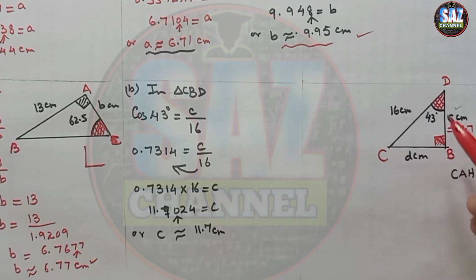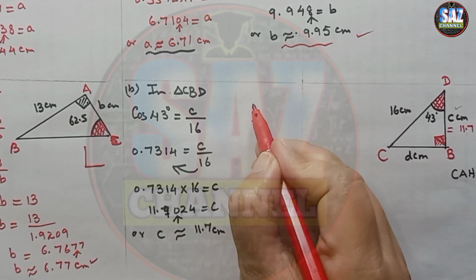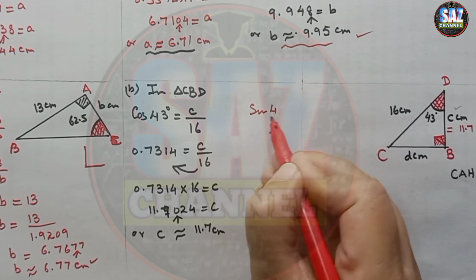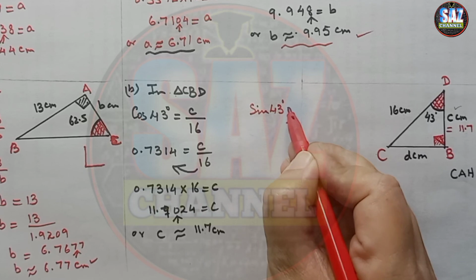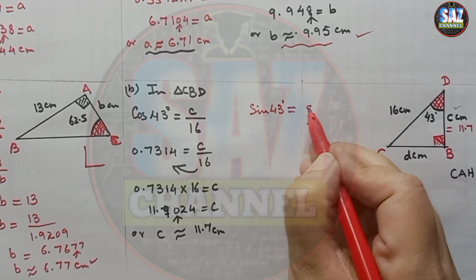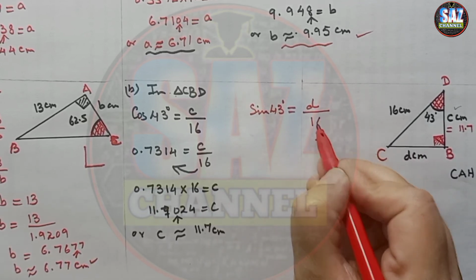D is opposite to the 43-degree angle and the hypotenuse is given. So sine 43 degrees equals opposite, which is D, upon hypotenuse 16.